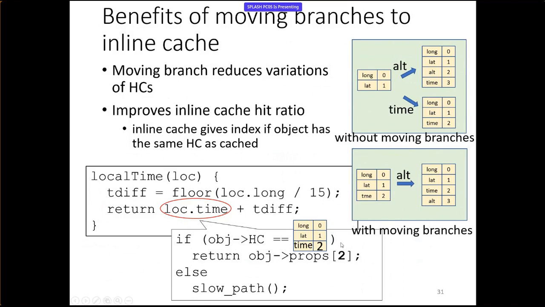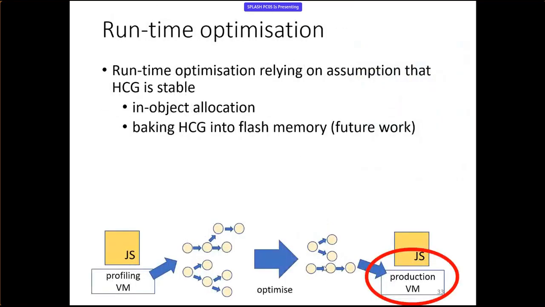So the chance of an inline cache hit improves. Next, I explain the runtime optimization relying on the assumption that the hidden class graph is stable.